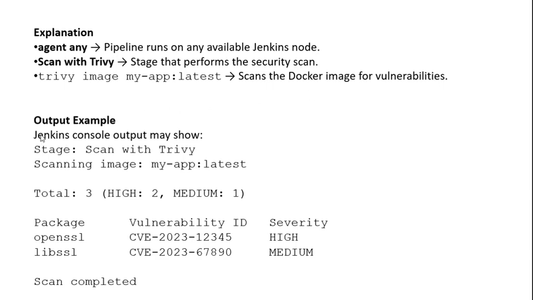The Jenkins console output may show the stage 'Scan with Trivy', scanning the image myapp:latest. Totals: 3; high: 2, medium: 1.